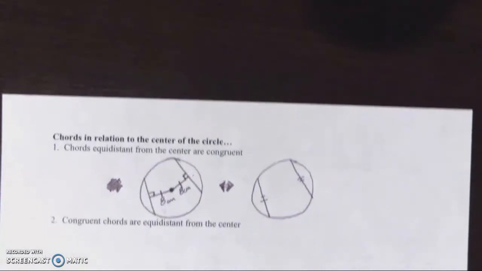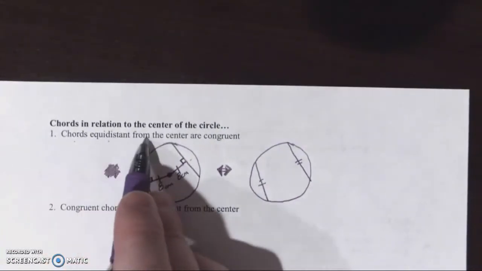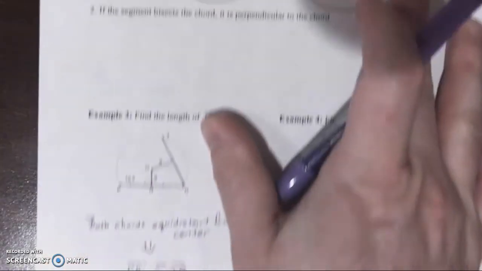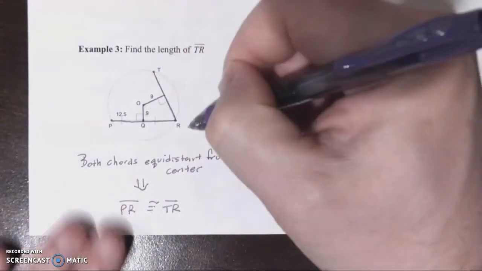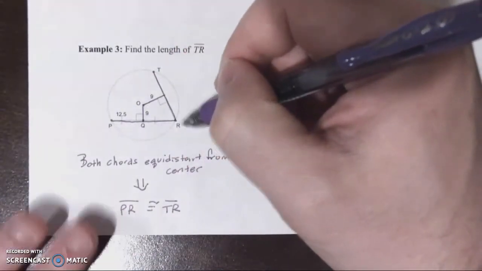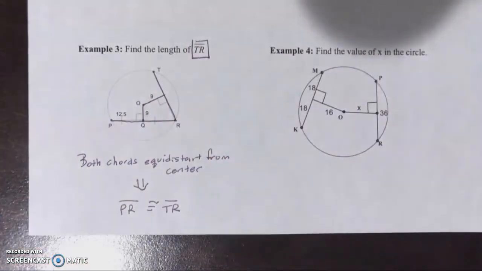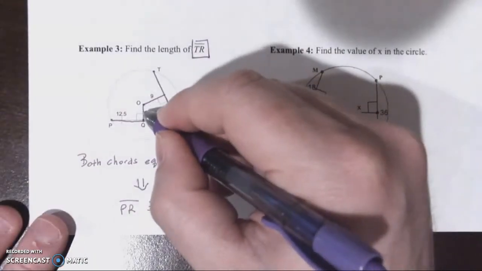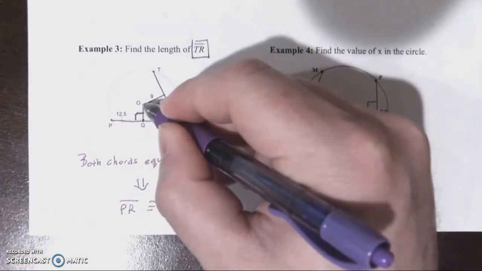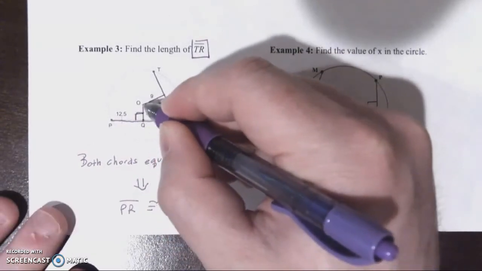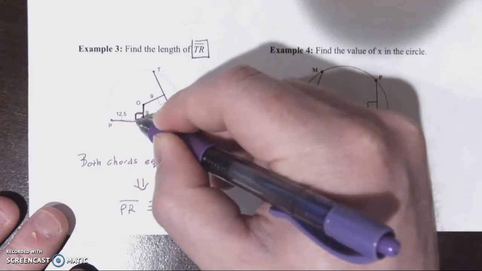That's what I see, which means that they would be congruent. Right back up at the top: chords equidistant from the center are congruent. So I now know that TR and PR would be the same. The question asked me to find the length of segment TR, so let's do it. Well, I also see a segment drawn from the center of the circle and intersecting a chord at a right angle.